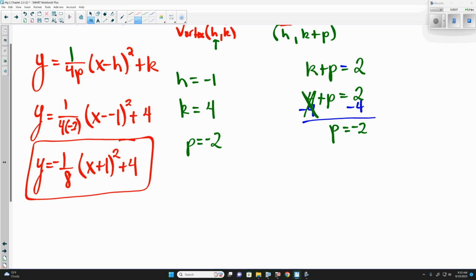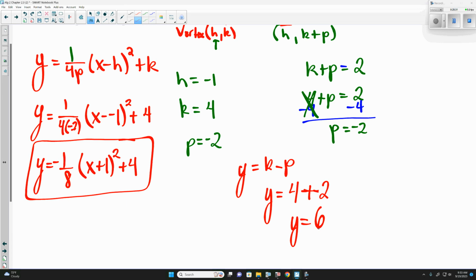Right, so for this one here, the directrix is our y equals k minus p. Well, the value of k in our case is 4 minus negative 2. So we're plugging those values in. Our negative would be plus, so the directrix for this problem would be y equals 6.